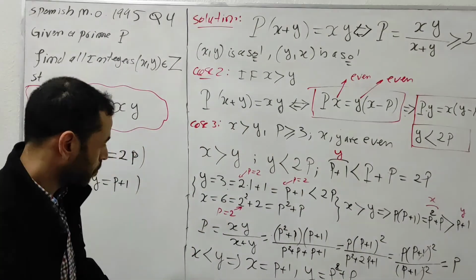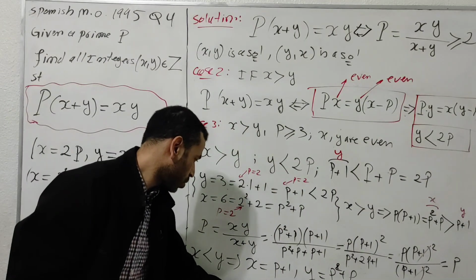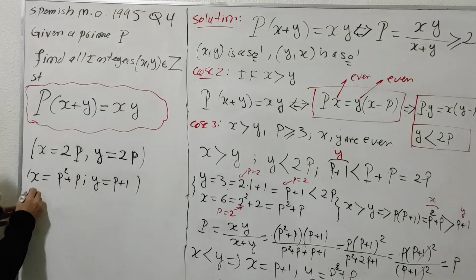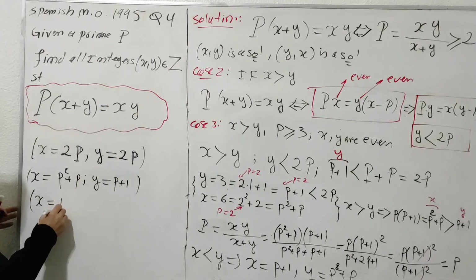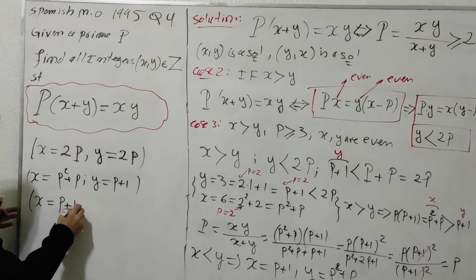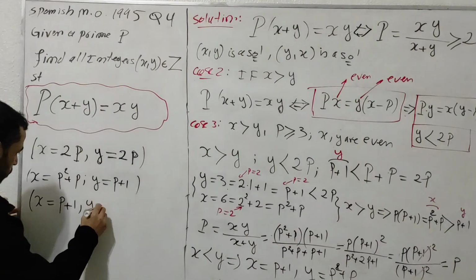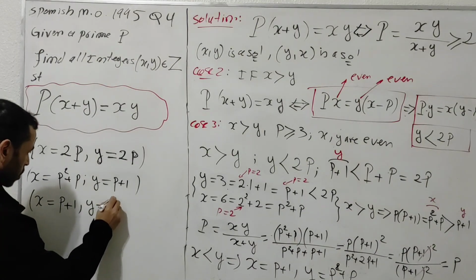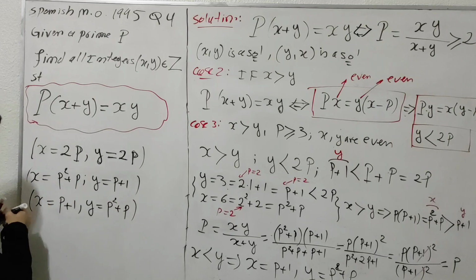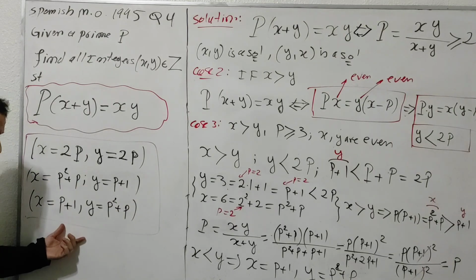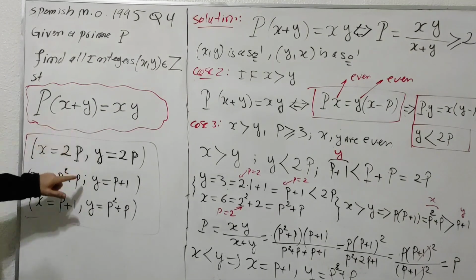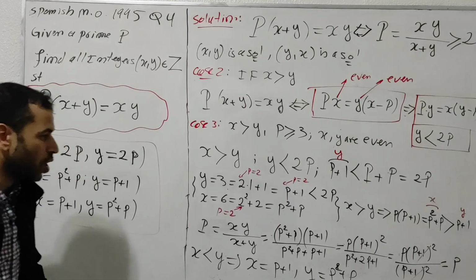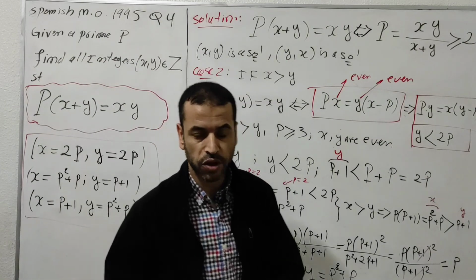So another solution, which is x equal to p plus 1 and y equal to p squared plus p. Here are the three general solutions that we found that verify this equation. So I have proven this one.